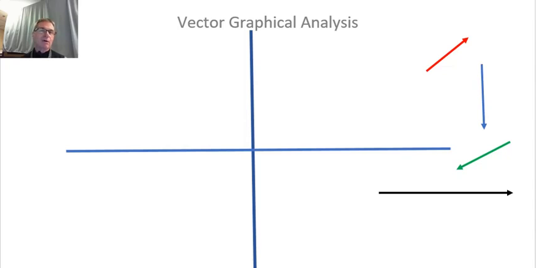So let me start out, if you haven't seen one of the other videos, by talking about just what a vector is. Well, a vector is something that has not just one component, but two components. If you think of a scalar, a scalar is a number.